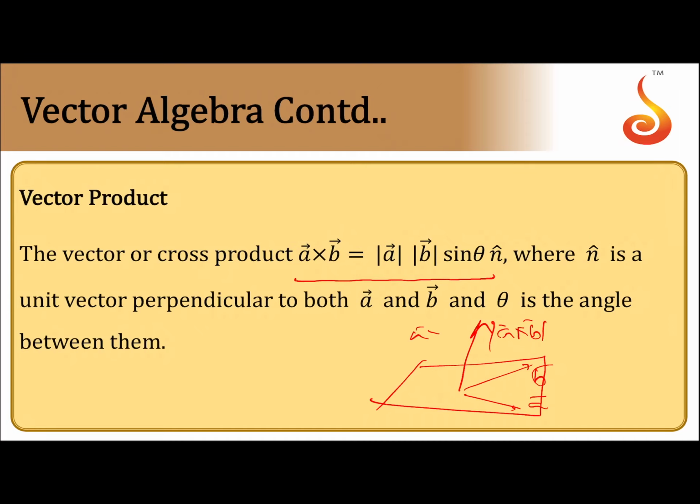See, this is actually the A cross B direction divided by modulus of A cross B. So, A cross B will always be perpendicular to the plane containing A comma B.